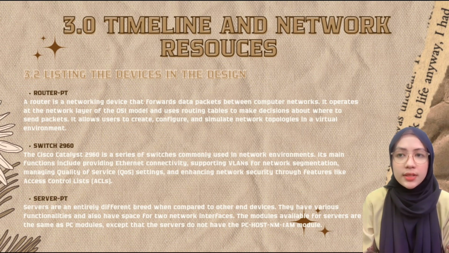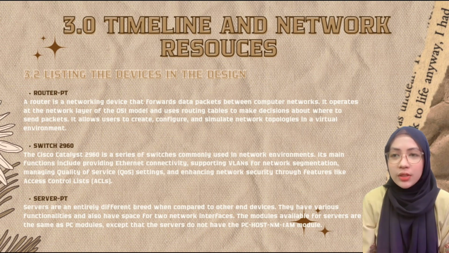It operates at the network layer of the OSI model and uses routing tables to make decisions about where to send packets. It allows users to create, configure and simulate network topologies in a virtual environment. Switch 2960.